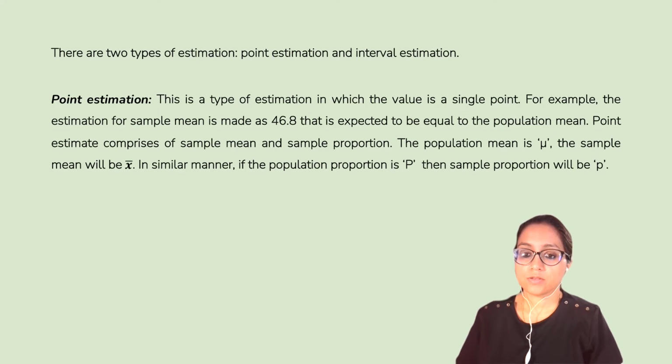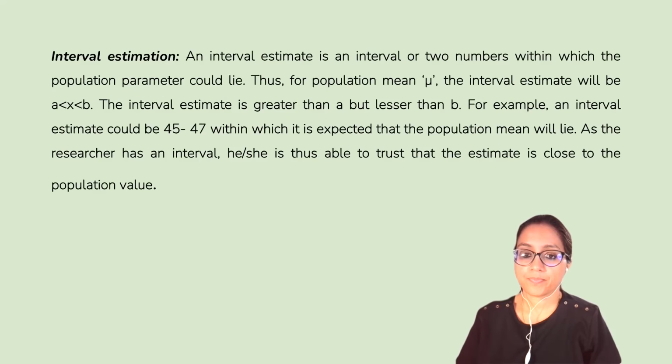Point estimate comprises of sample mean and sample proportion. Suppose the population mean is mu, the sample mean will be x bar. This is how it is denoted, the population mean and the sample mean. In a similar manner, the population proportion is capital P, then the sample proportion will be small p. Okay, so this is how representation is made.